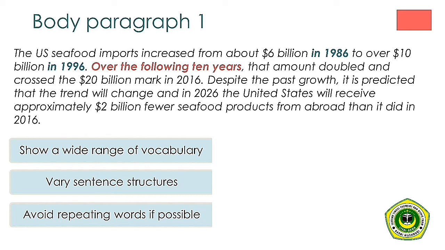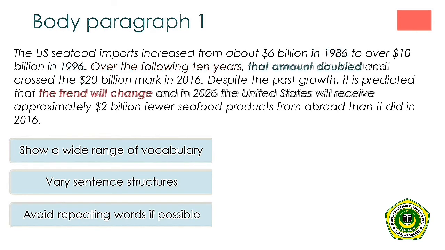I've already mentioned that it's okay to repeat words seafood imports in an essay about seafood imports. But you should still use alternatives when you can. For example, in this paragraph I've written that amount doubled instead of saying seafood imports doubled, or the trend will change instead of saying the imports will decrease.